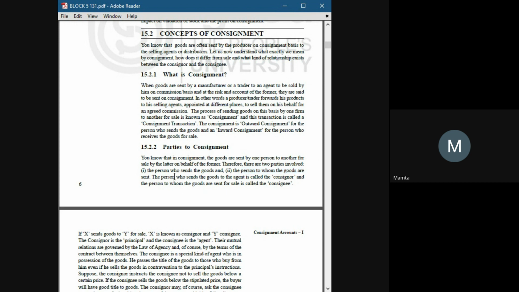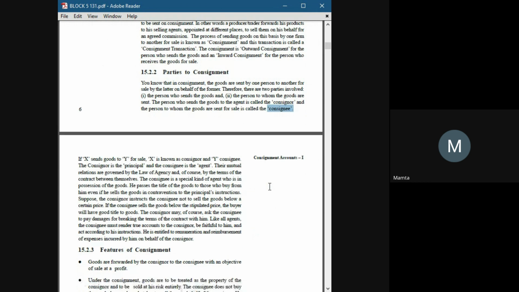The person who sends the goods, the manufacturer or trader, is known as the consignor, and the person working as an agent for you will be known as the consignee. This process is known as consignment.